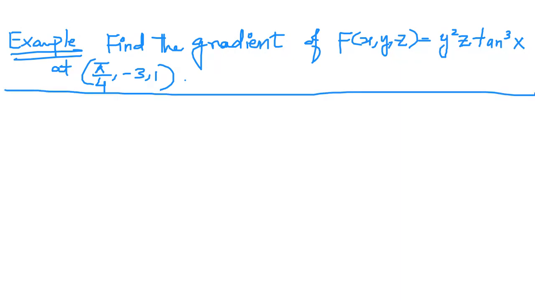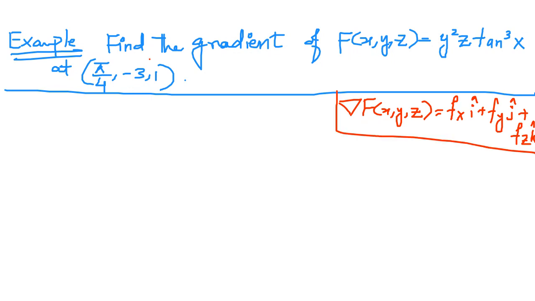Okay, now for the gradient we need the partial derivative of f with respect to x, with respect to y, and with respect to z. What is the formula? You can write that the gradient of a function of x, y, and z is equal to the partial derivative with respect to x, i, plus with respect to y, j, plus with respect to z, k.